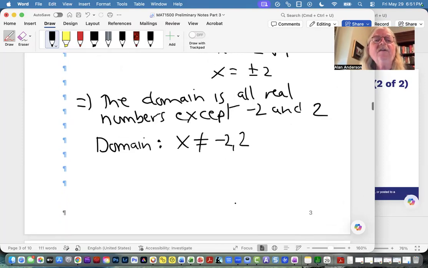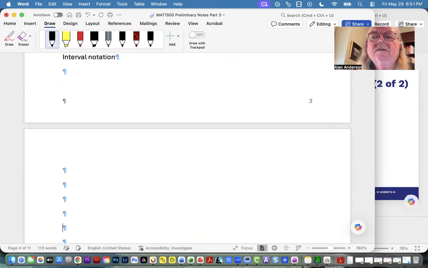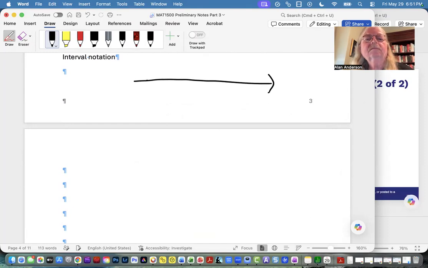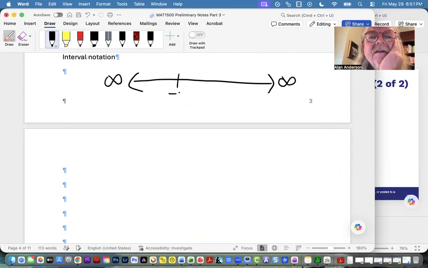But often what we see instead is a more formal notation called interval notation, which is based on the idea that the real number line is an infinite set. And what they're saying to us here is that all of these real numbers count except negative 2 and positive 2. And on a graph like this, you would indicate that by a hollow circle.